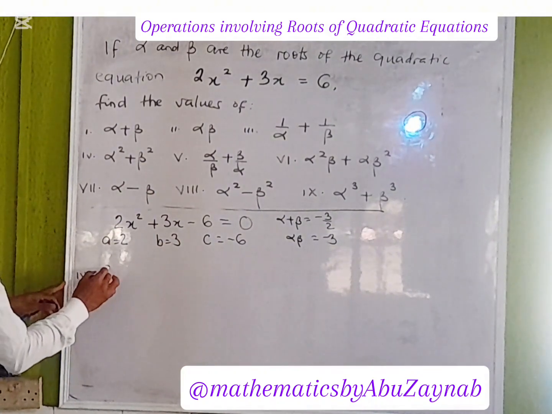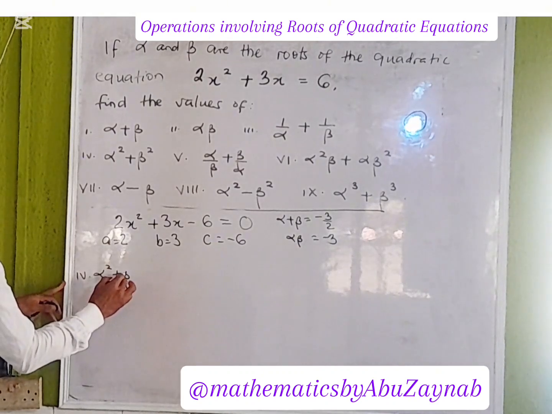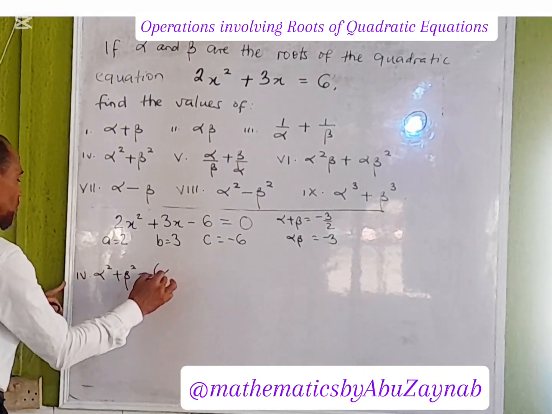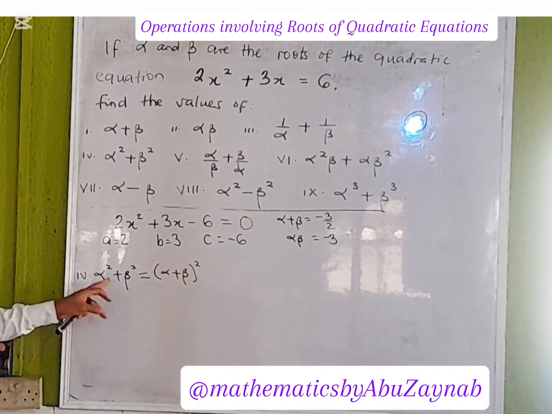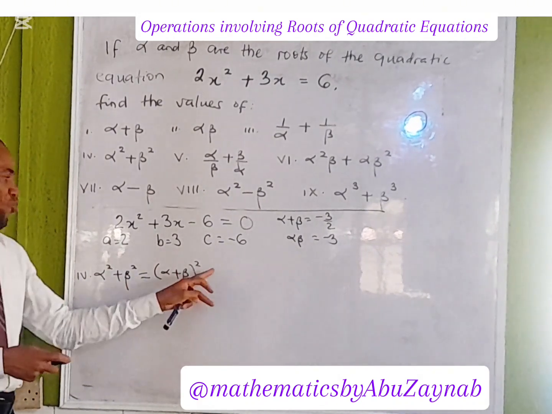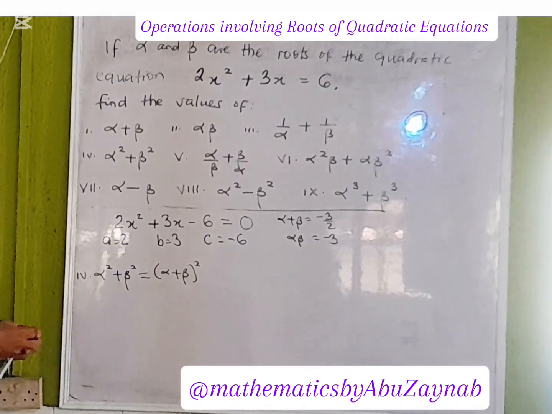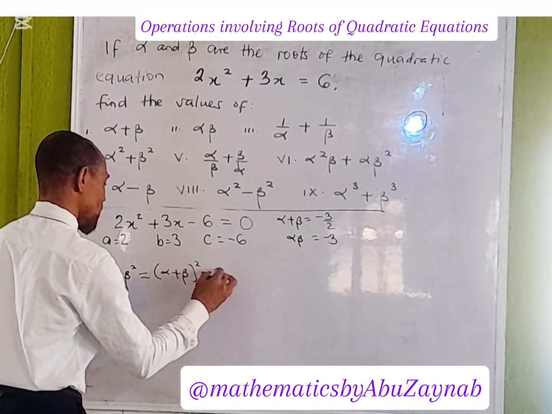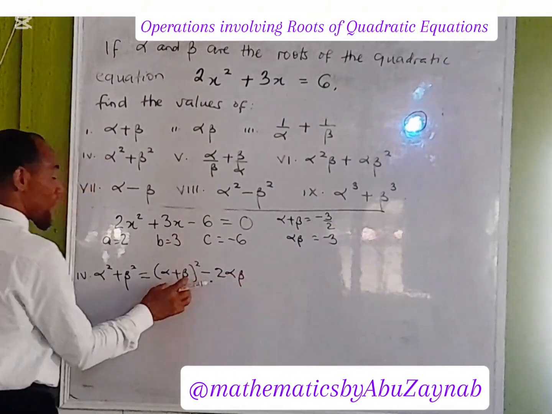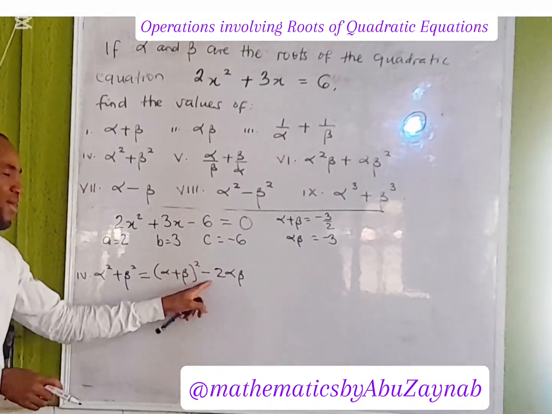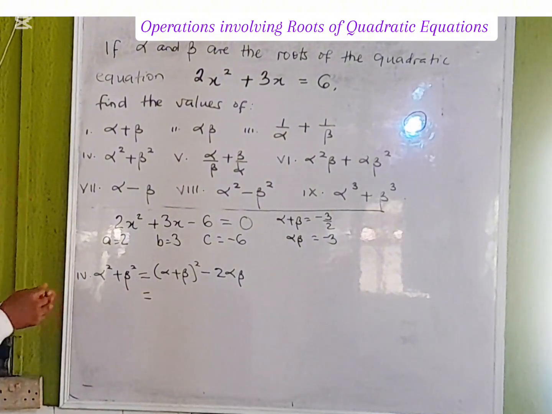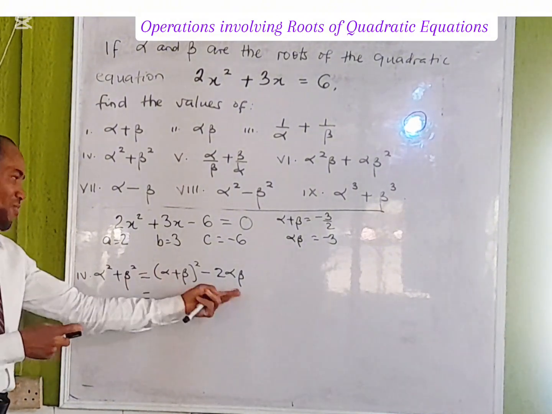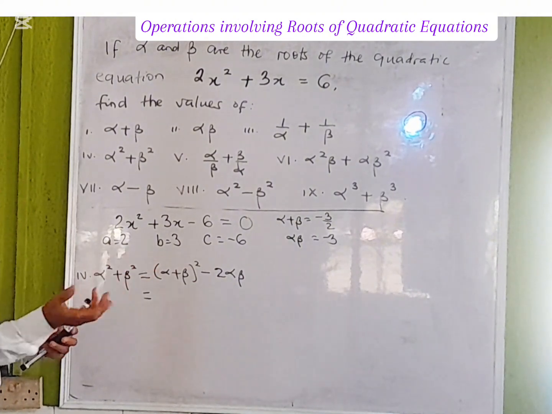We've got alpha squared plus beta squared. Now, don't mistake this to be alpha plus beta squared only. No, this is the sum of squares, whereas that is the square of the sum. So this actually equals alpha plus beta squared, in addition to which we must have minus 2 alpha beta. Then again, you can see that we have successfully expressed this as sum and product, different variants of sum and product.